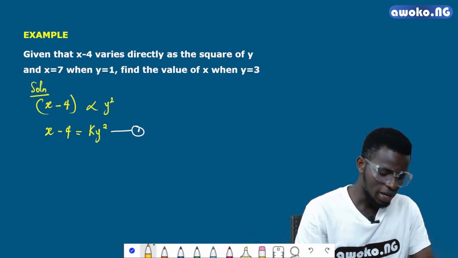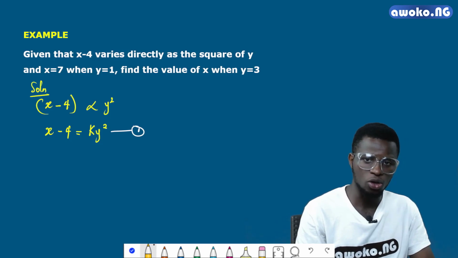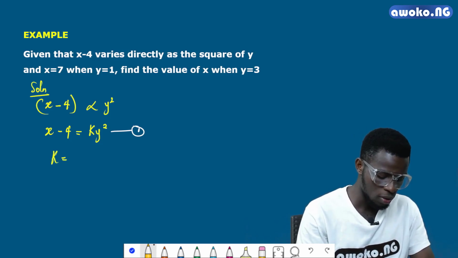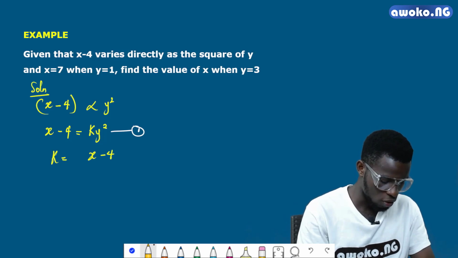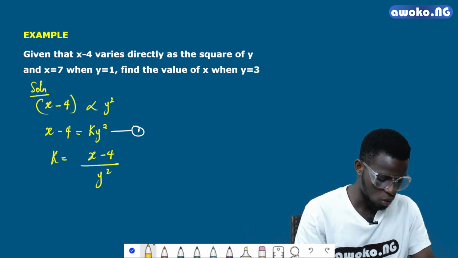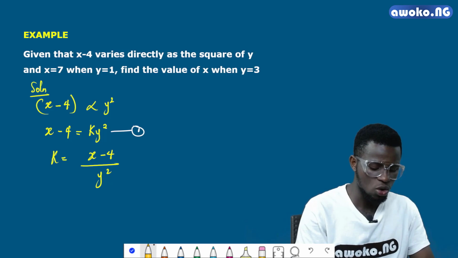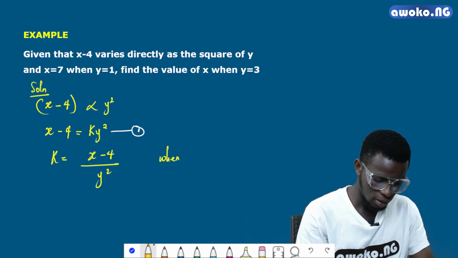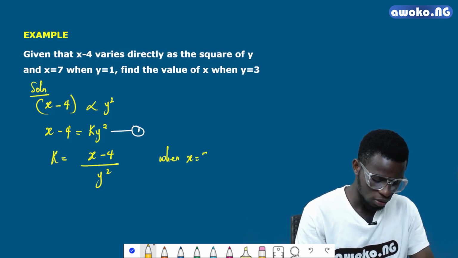Now, we can decide to make k the subject of the formula. If we do that, we have that k is equal to x minus 4 all over y squared. But we're told in the question that when x is equal to 7, y is equal to 1.